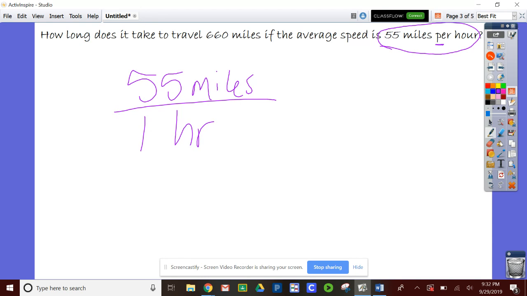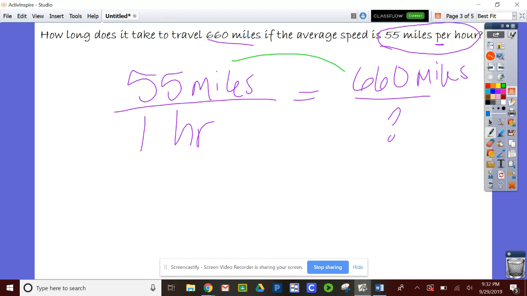So 55 miles per hour, and it says how long does it take to travel 660 miles? Well, I'm going to put 660 at the top because miles has to stay with miles, and we are solving for hours.